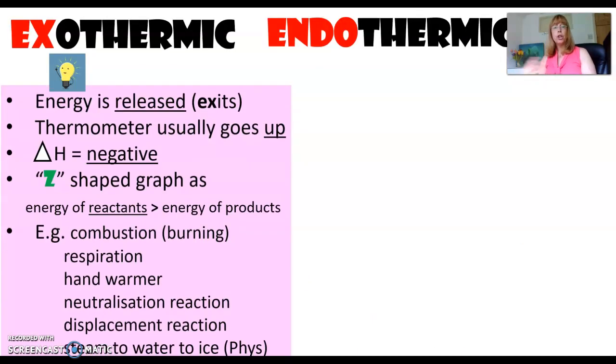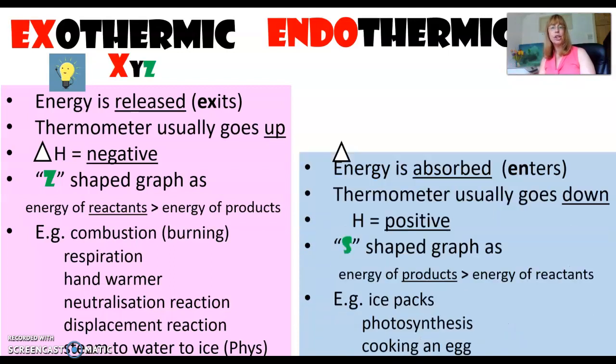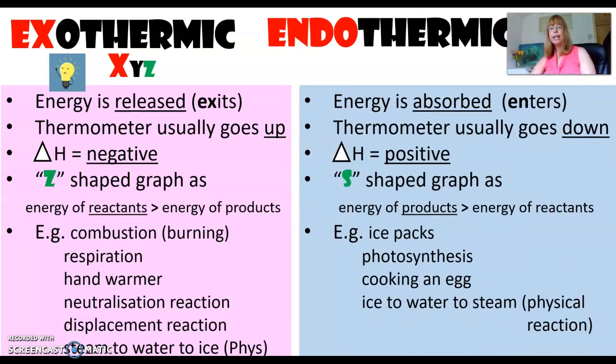Right, so the cool thing about this topic is if you remember everything about exothermic, endothermic is exactly the opposite. So in your notes, what I'd like you to do is divide your page in two, and these are the key points you need to know. So if we're looking on the left-hand side for exothermic, energy is being released.